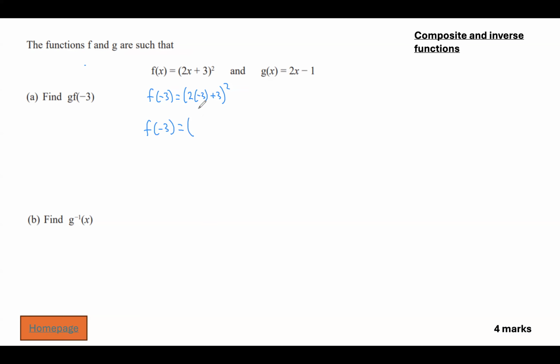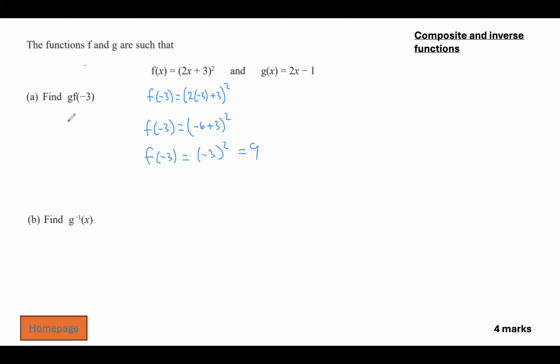So that is going to be minus 6 plus 3 squared. So that is going to be minus 3 squared, which gives us a value of 9.